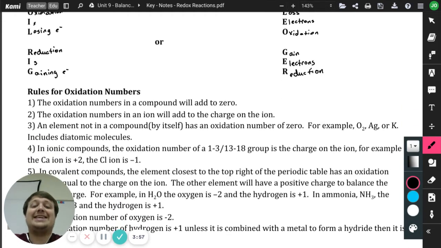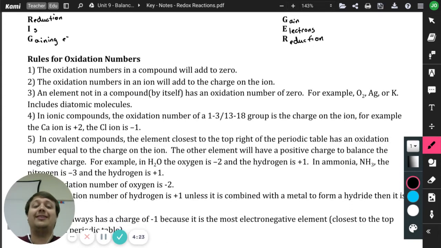Rule number 3 says an element not in a compound, which is basically by itself, just the element, has an oxidation number of 0. For example, if I've got oxygen or silver or potassium or calcium, those are all going to be 0 for their oxidation numbers. Okay, so it doesn't matter if it's a diatomic. If it's just that element, then its oxidation number is 0.